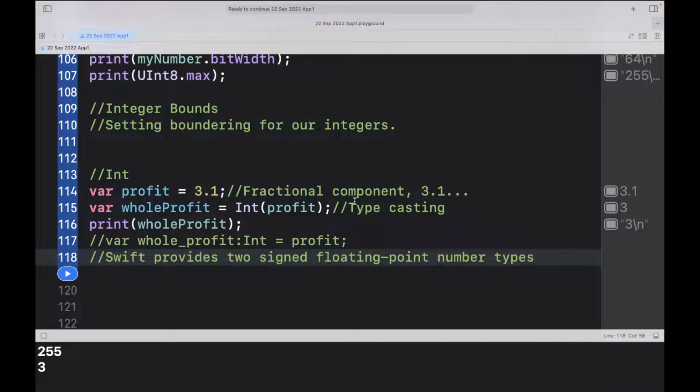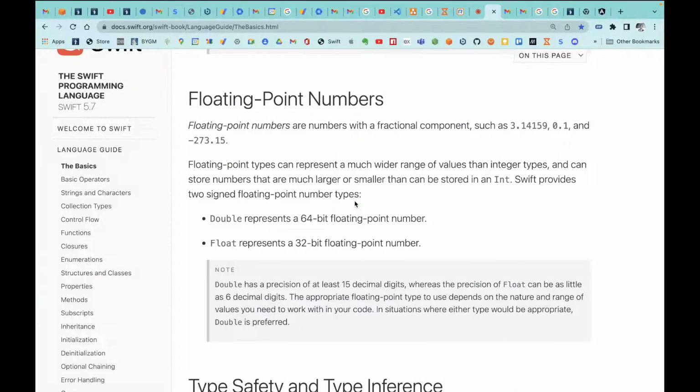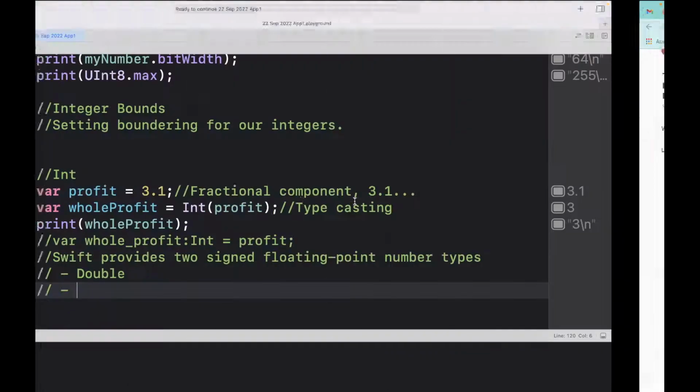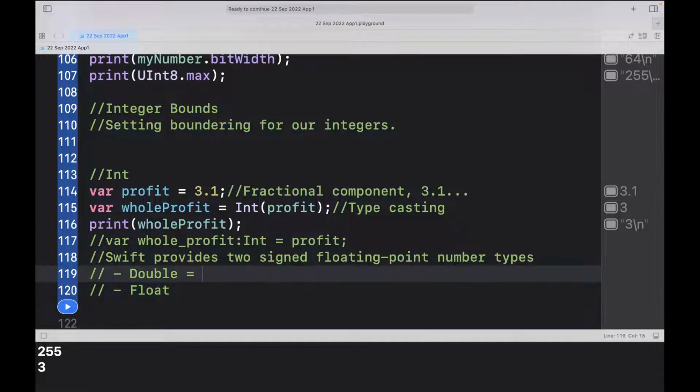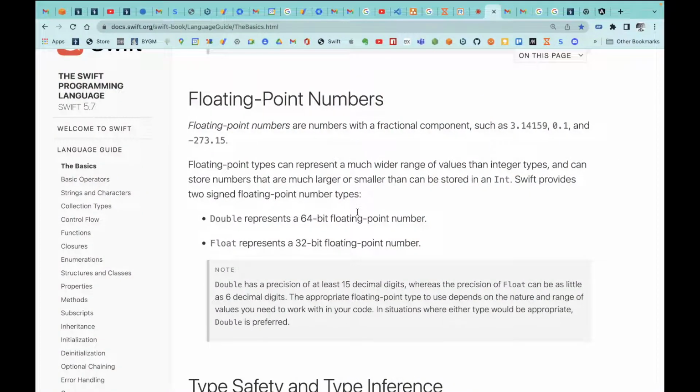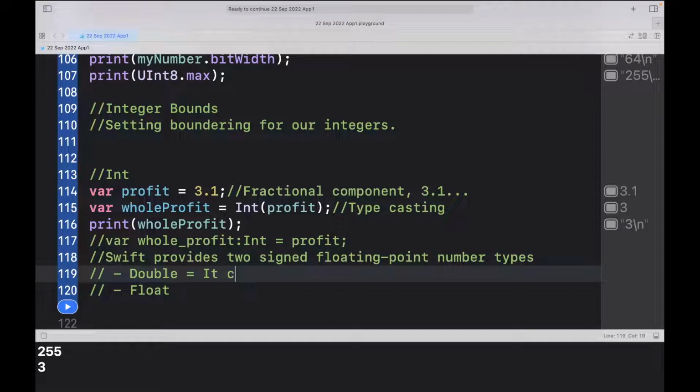Swift provides two signed floating point numbers, and those are double and lastly, what is the last one? 32-bit. Oh, sorry, float. So far, what I understand from this, even from C++, is that double can take more characters.